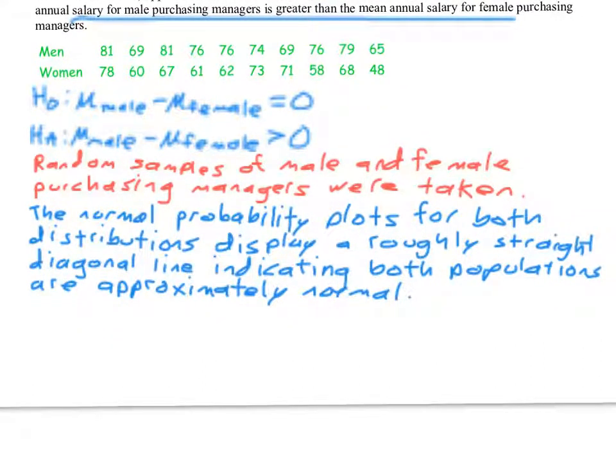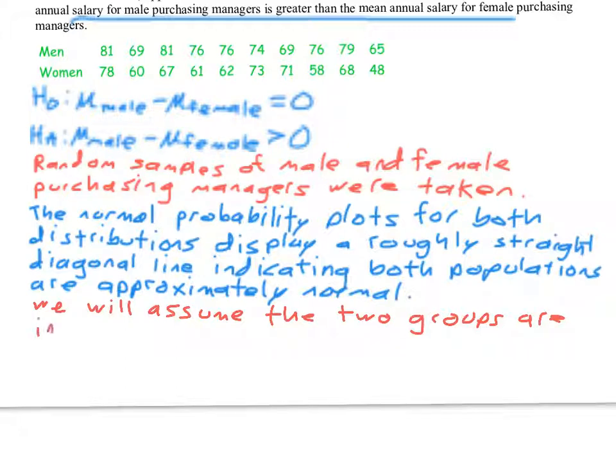Okay, the third condition is the independence condition. So we're going to have to assume we will assume the two groups are independent.